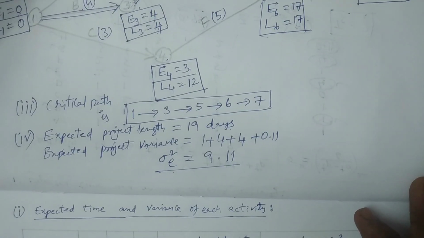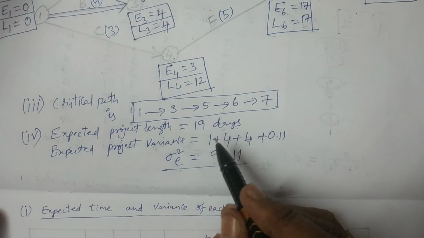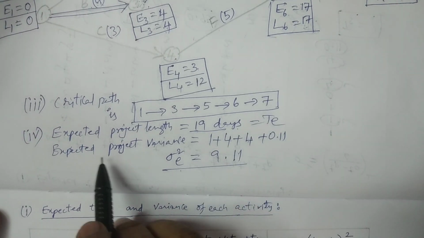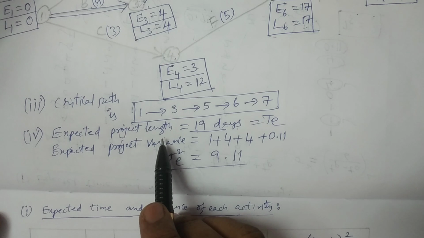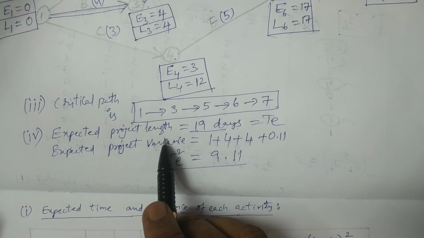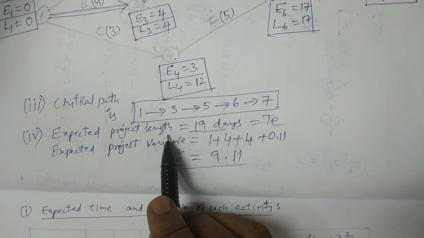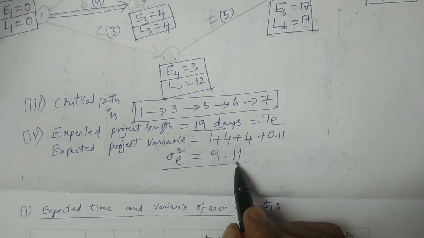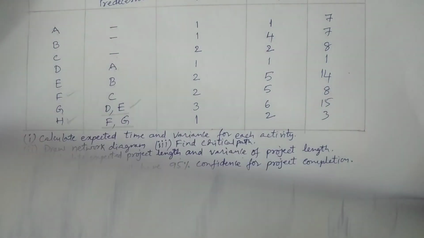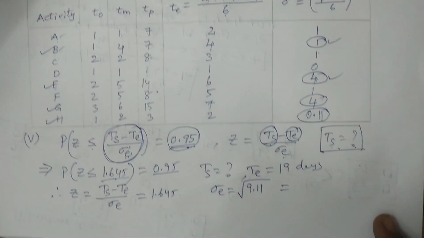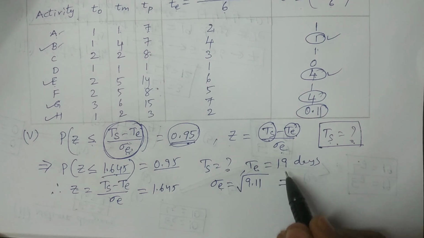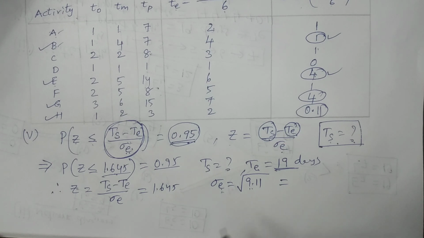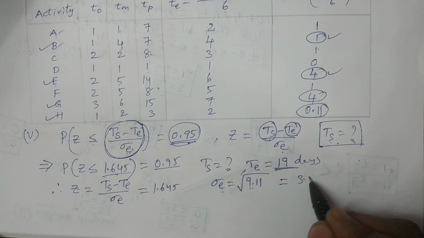We have just calculated in the fourth question 19 days, which is Te, the expected time of completion of the project, and sigma square E is equal to 9.11. From sigma square E, we calculate sigma E by taking the square root. Te is 19 days and sigma E is the square root of 9.11, which is 3.02.